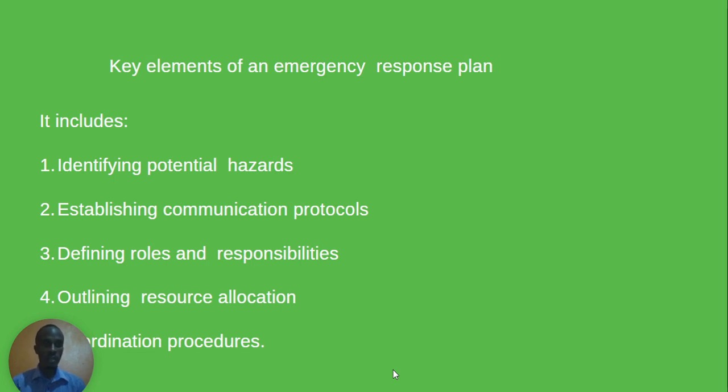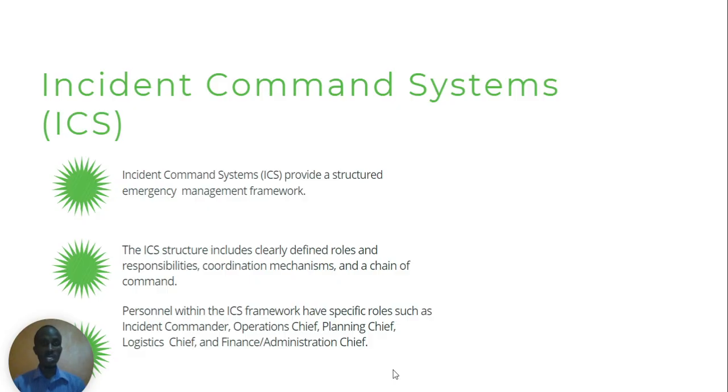Then defining the roles and responsibilities of the stakeholders, then outlining resource allocation: how are the resources that are going to be used to avert this disaster going to be allocated? Then you have to coordinate all these procedures.